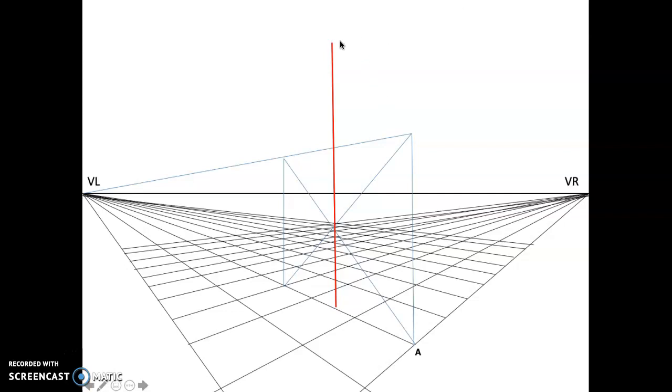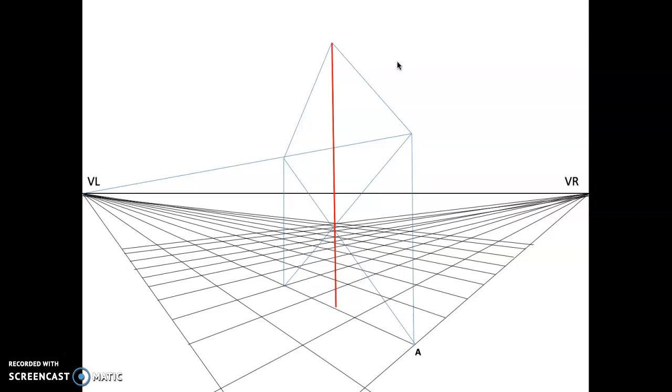Once we have found and determined the height of the top of the gable roof, we can start drawing lines to finish the triangle. See? So this is our basic structure for a house with a gable roof.